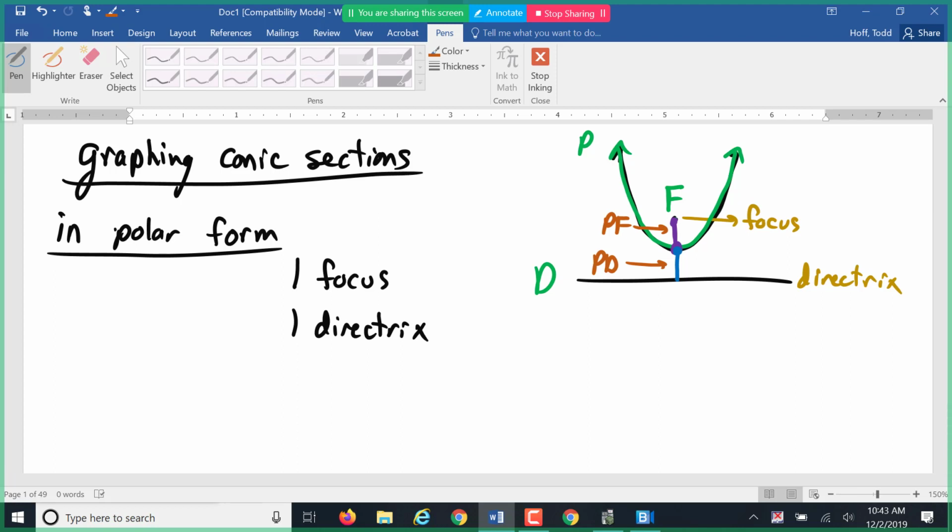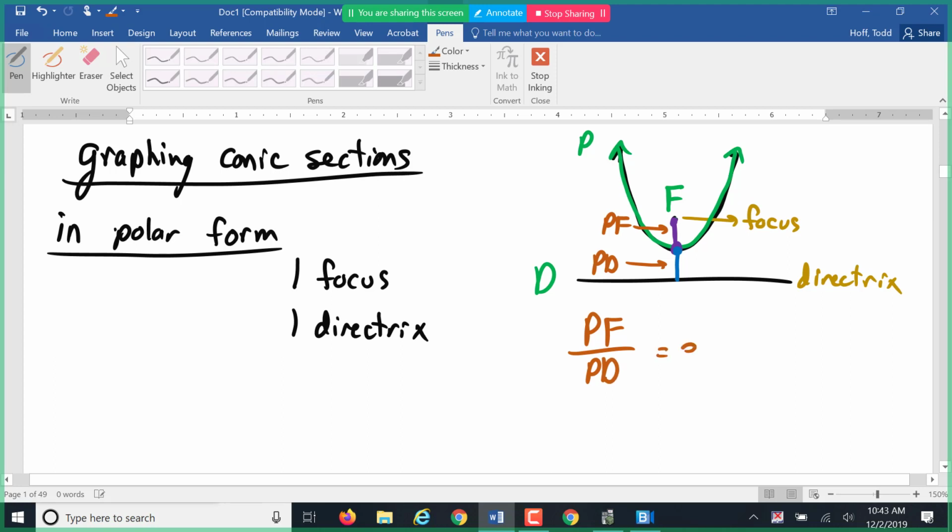And the ratio of the distance from that point to the focus and the point to directrix is equal to, it's called the eccentricity of that equation.